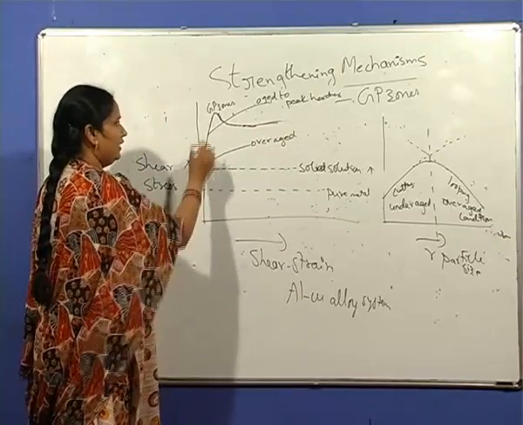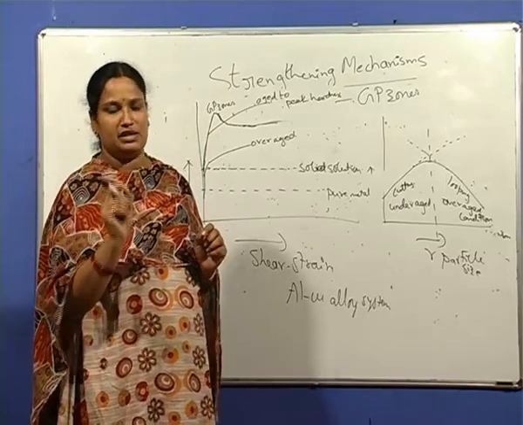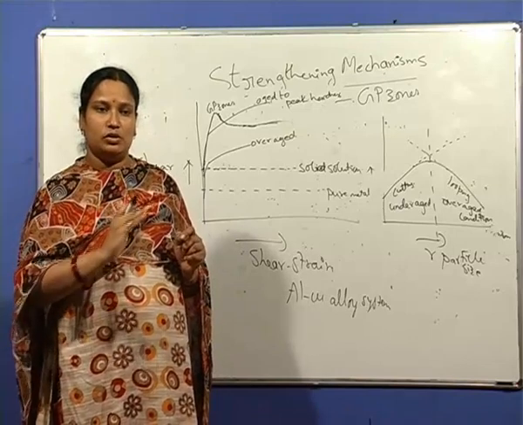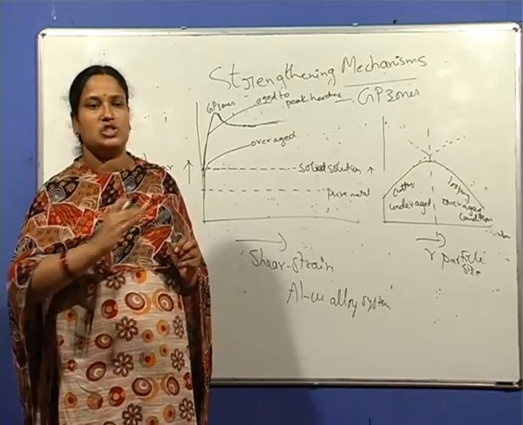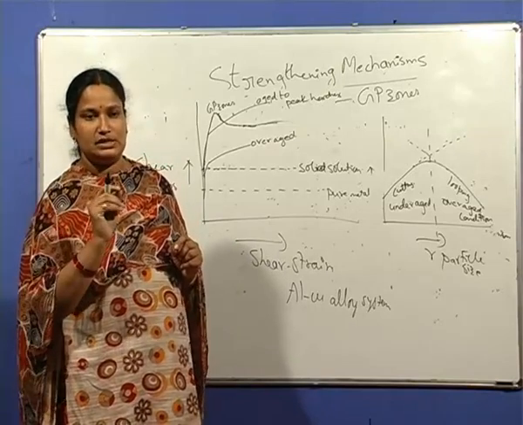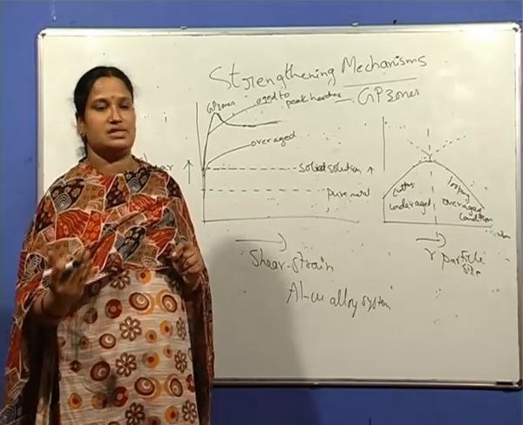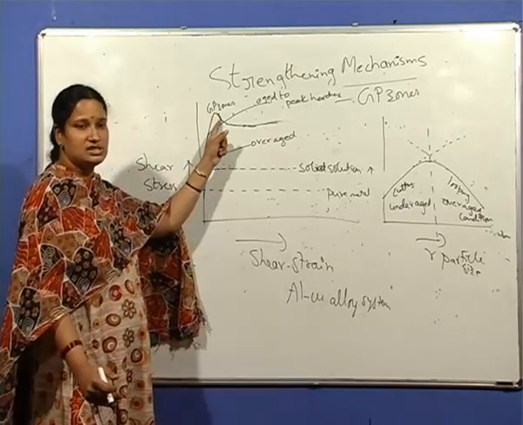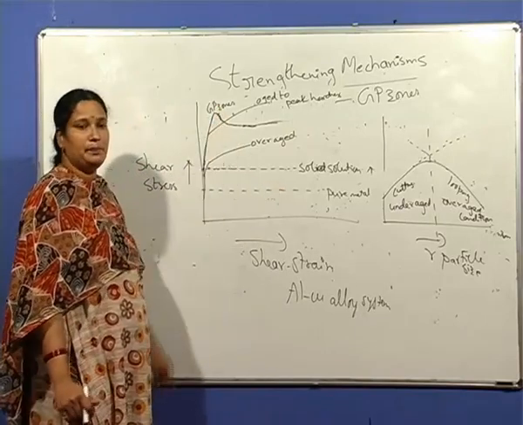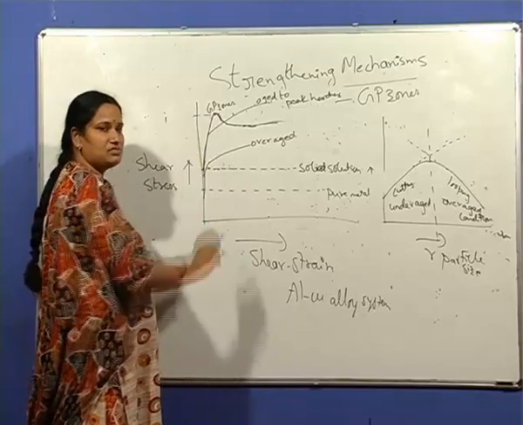The reason the yield strength increases is the formation of very fine precipitates. For the dislocation to overcome these obstacles, it has to cut these fine particles, the GP1 and GP2 zones, which requires more stress. Thereby the yield stress increases significantly compared to the solid solution because of the cutting mechanism. Cutting operates at such high stress.